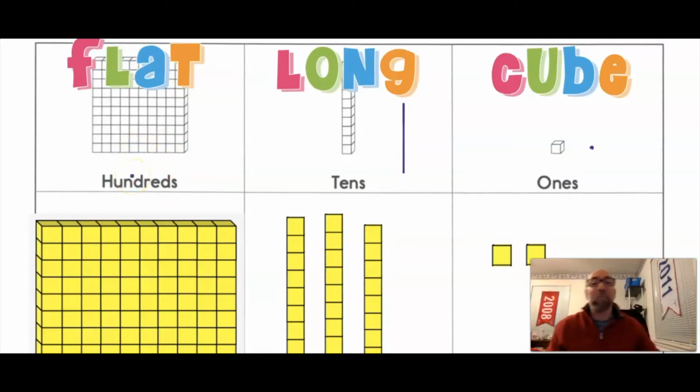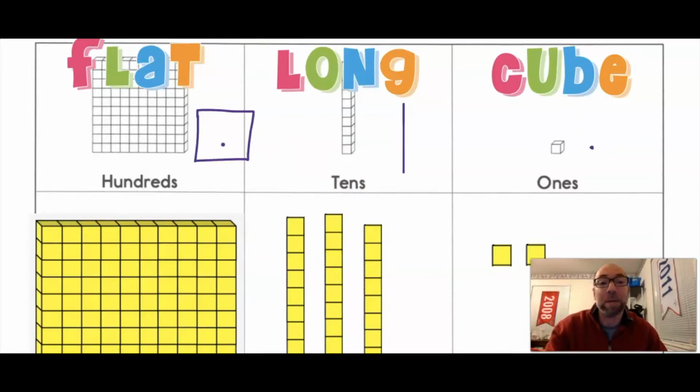We use that when we have 3 digits. And that's where our flat is. Now, if we had to draw a flat, we would just draw a square. And that's why I tell students to just draw a dot for your cubes, because sometimes we draw those little squares in boxes and we get all mixed up. So my flat is worth 100.